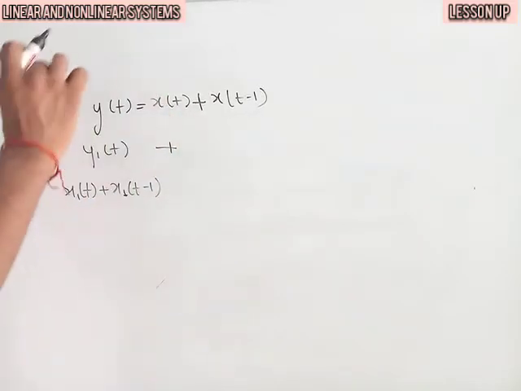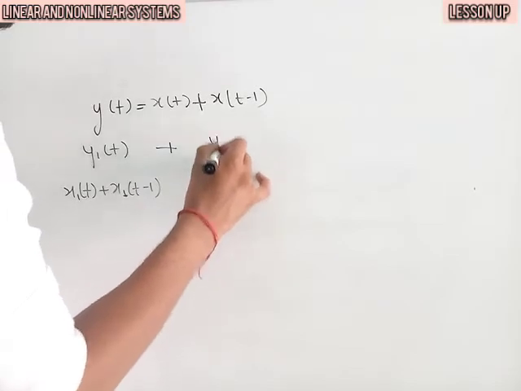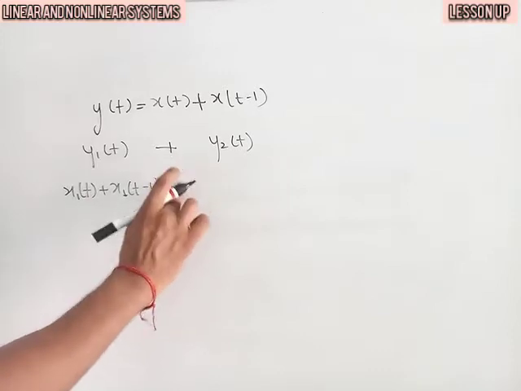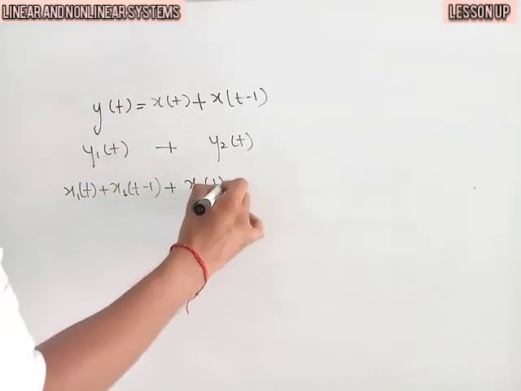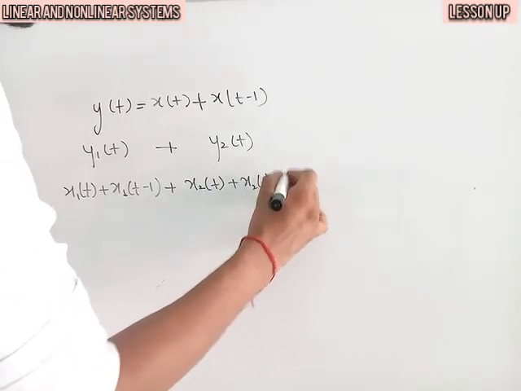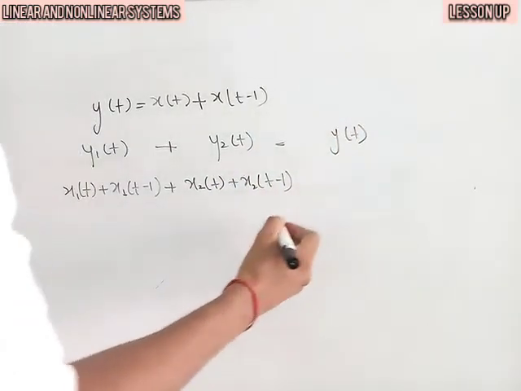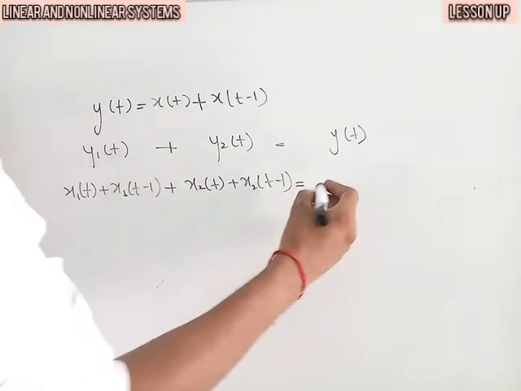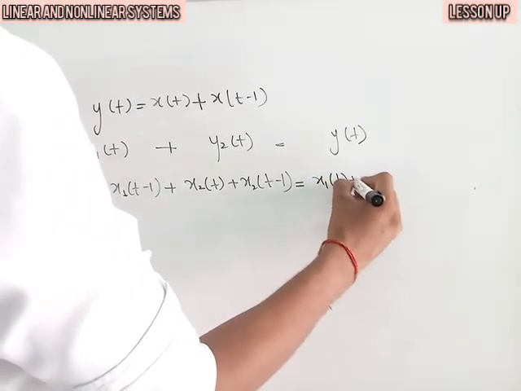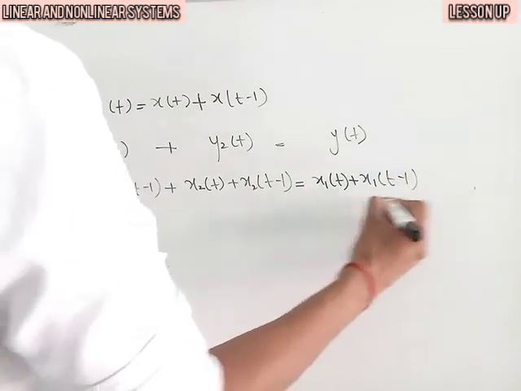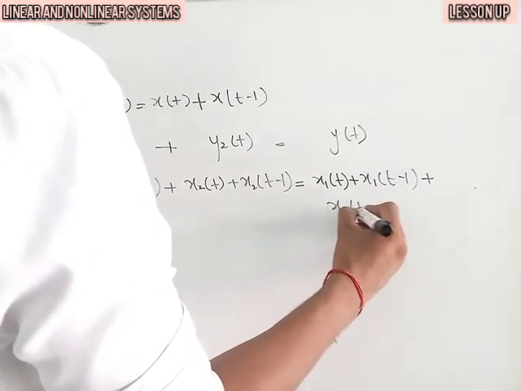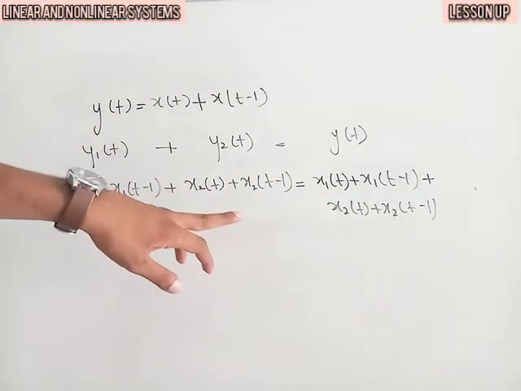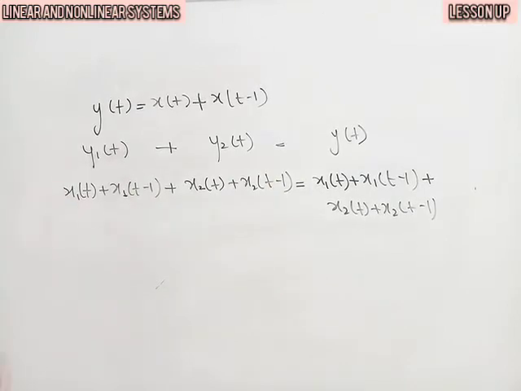Plus, if we give input x2 of t, we will get y2 of t, and for y2 of t we will get x2 of t plus x2 of t minus 1. This should be equal to y of t. So, if we give both the inputs x1 of t plus x2 of t, we get x1 of t plus x1 of t minus 1 plus x2 of t plus x2 of t minus 1. We can see both the equations are equal. Okay. So, we can tell that this system is linear.